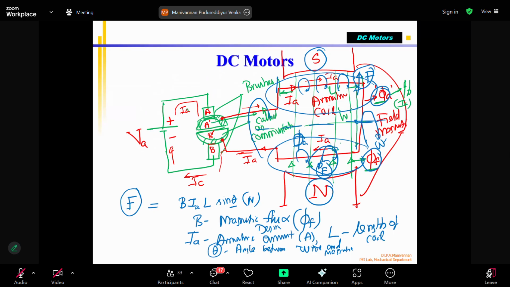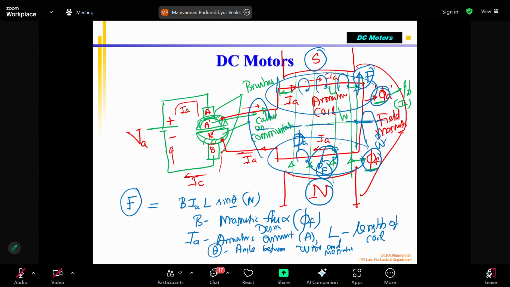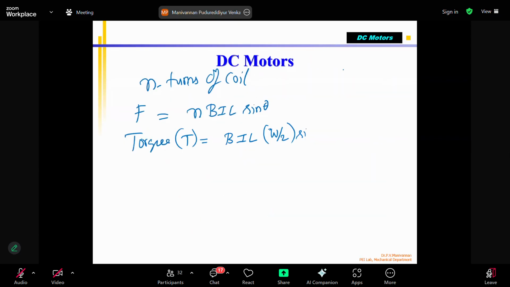That torque can be calculated using this formula, where W is the width of the coil. This one I am talking about, the width of the coil, into sin theta. What is the current angle of the armature coil with respect to the magnetic field of the field coil and also the direction of the wire?